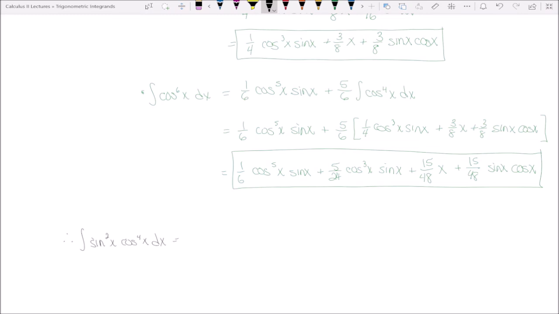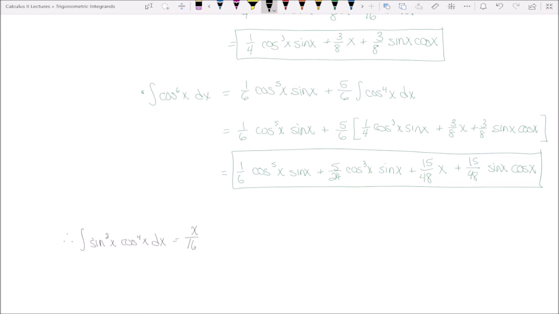Let's start with the x. So we're going to have 3/8 minus 15/48. We need to multiply by 6, so we get 18 minus 15. That is 3/48, which is 1/16. So x/16.